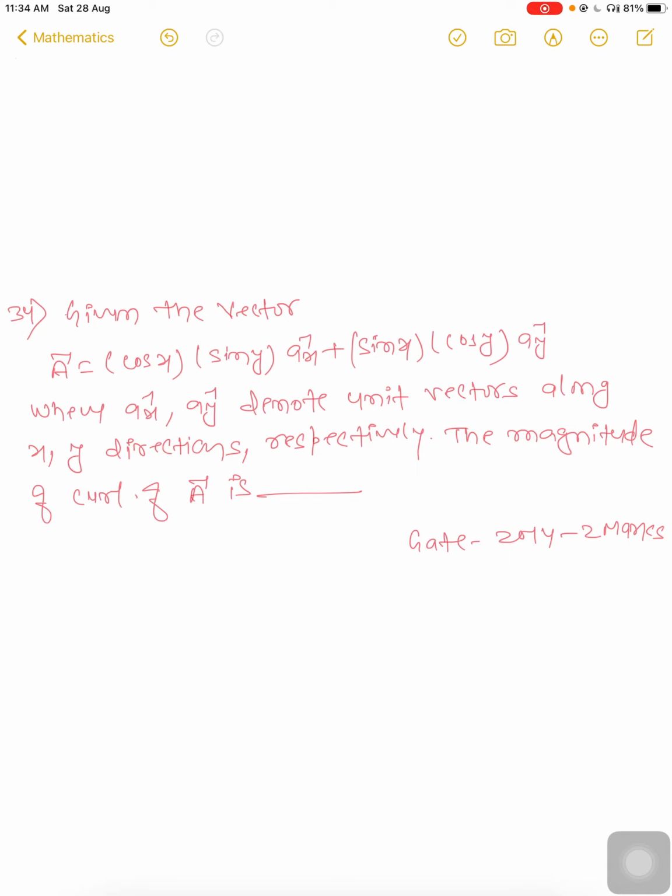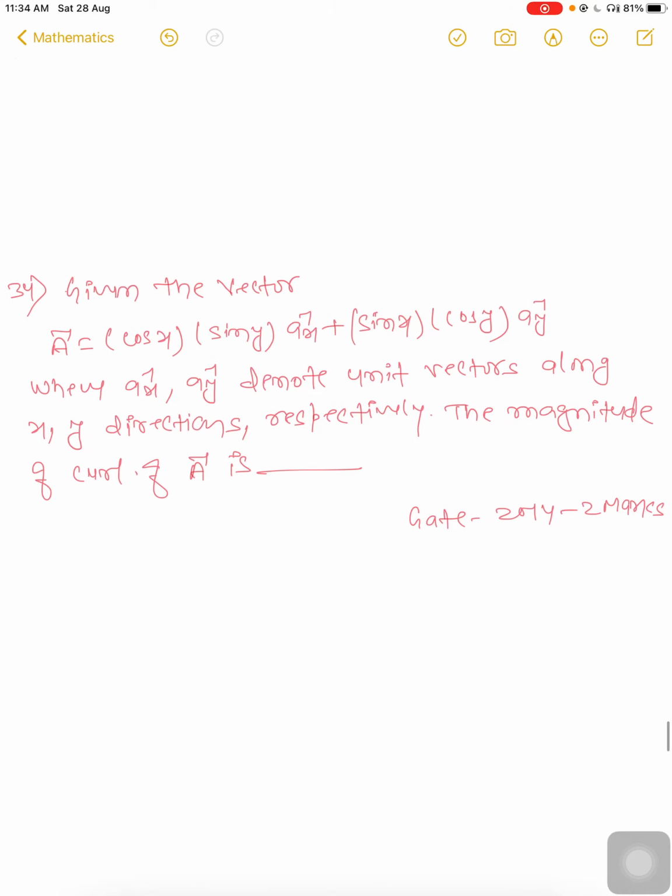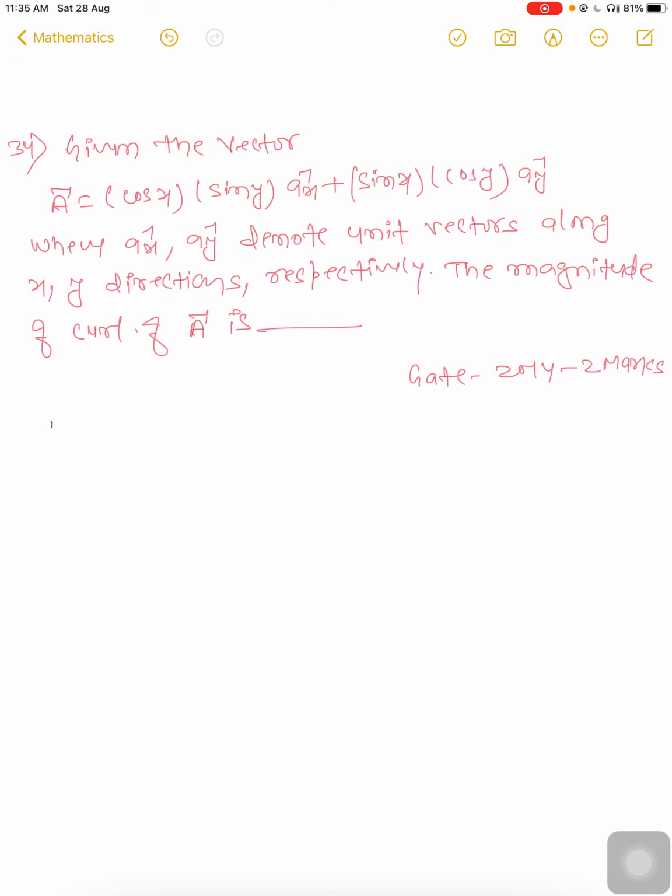Given a vector A, cos x sin y ax and sin x cos y ay, where ax and ay denote the unit vectors along the x and y direction respectively, find the magnitude of curl of vector A. Curl means cross product, del cross A we have to find out.